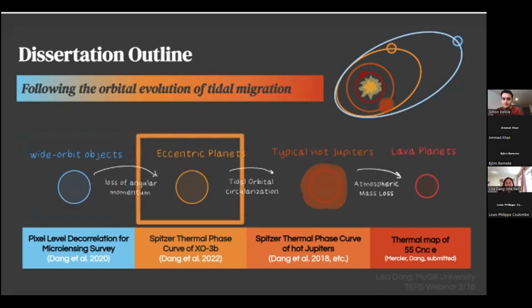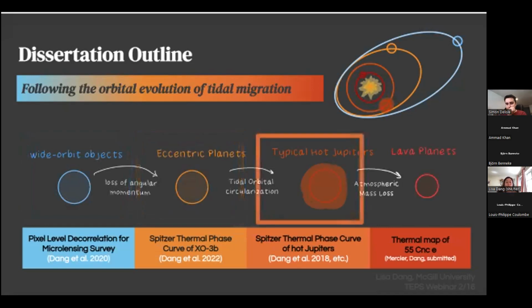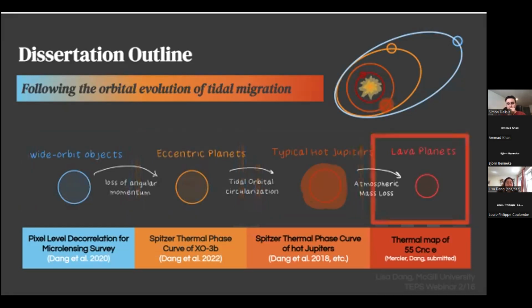After that, we'll tidally circularize our orbit and go through some of the things that we've learned from phase curves of more typical hot Jupiters on circular orbits. And finally, we are going to have our atmosphere stripped away and look at ultra-short period rocky cores. Along the way, I'm also going to discuss some ideas that have emerged from these projects, which I propose to investigate in the future.